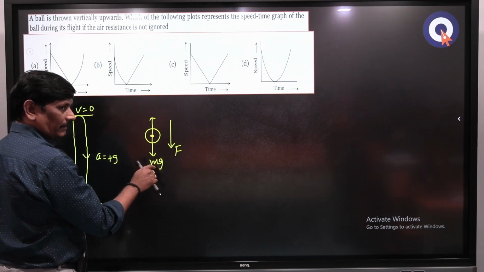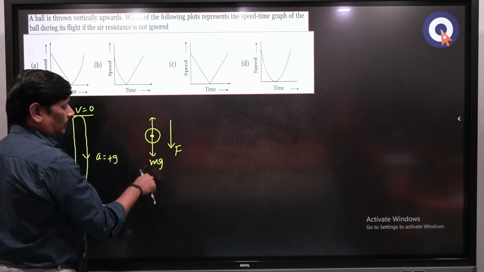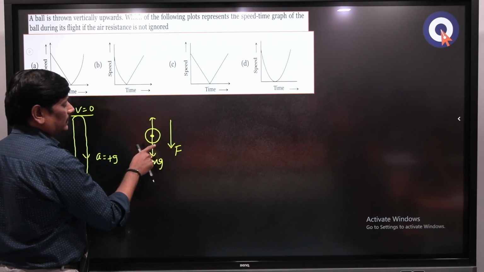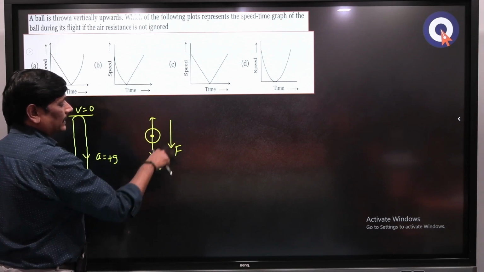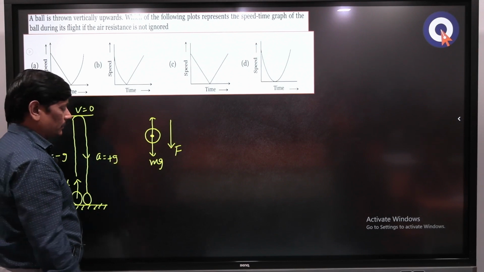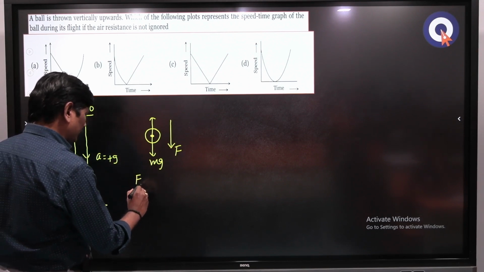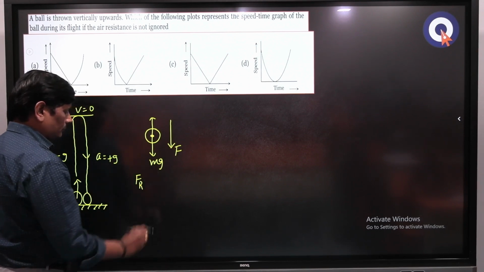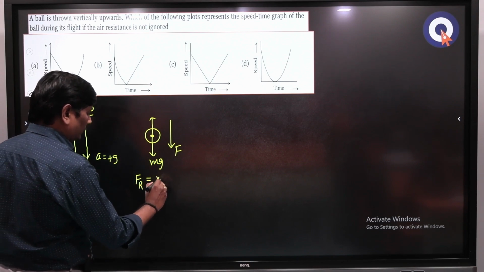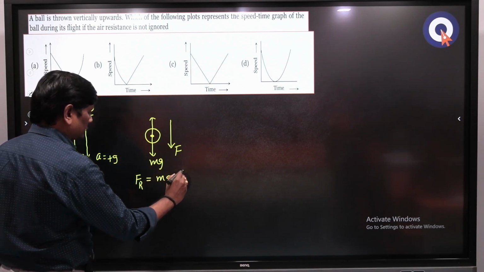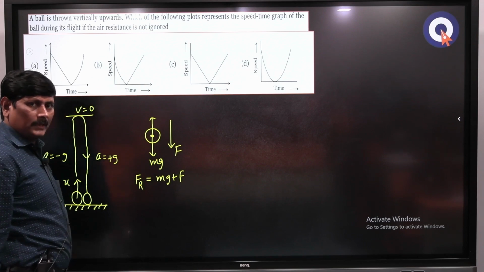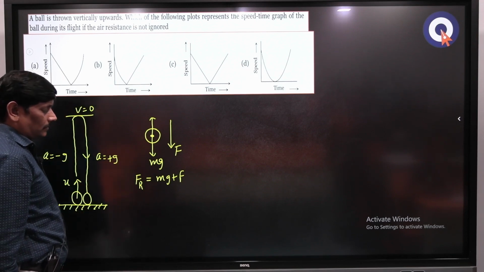One is mg, weight, which is always vertically downwards, and the other is the air resistance, which, because of the motion in the upward direction, is acting in the downward direction. So, when you write the resultant force acting on the body, it will be mg plus F, the total downward force acting on the body.